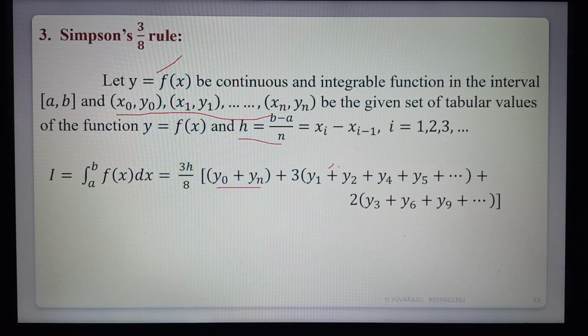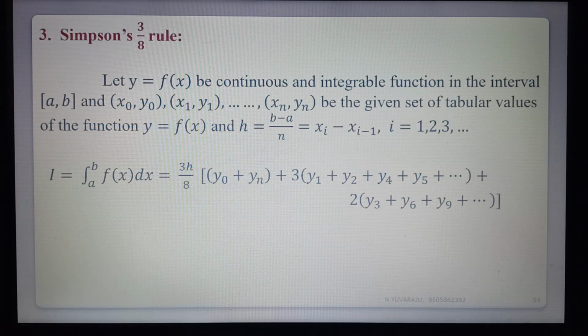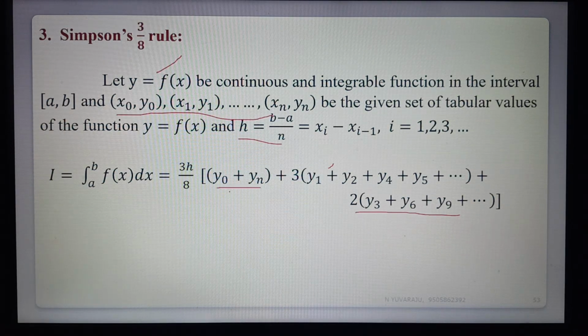Here the multiples of 3 ordinates, y3, y6, y9, are missing, and plus 2 into the remaining values y3 plus y6 plus y9 plus up to so on. So this is Simpson's 3 by 8 rule.